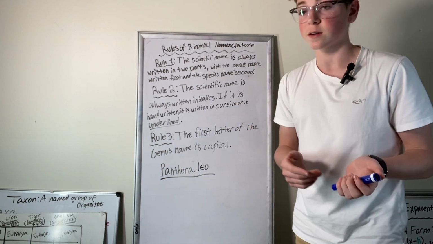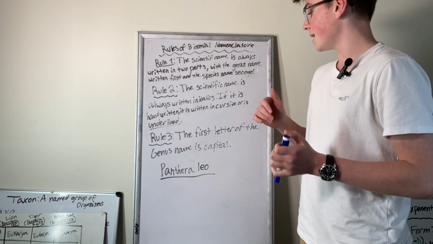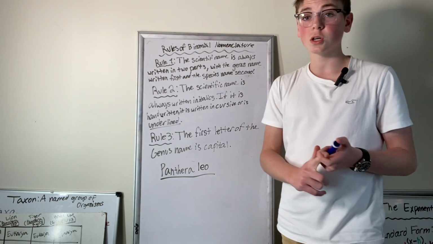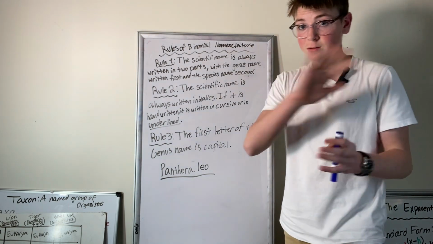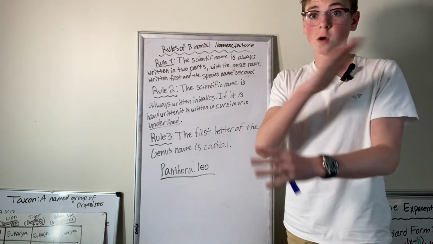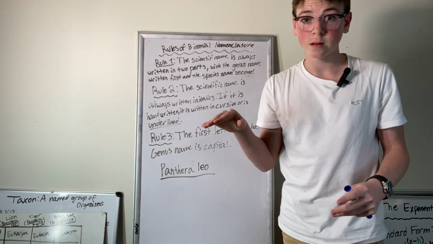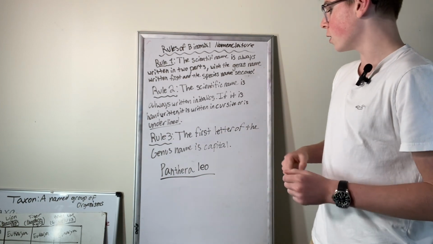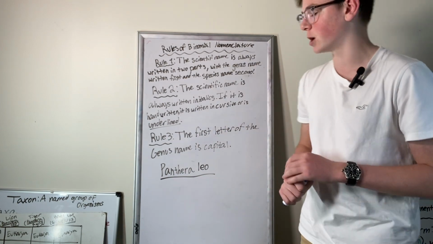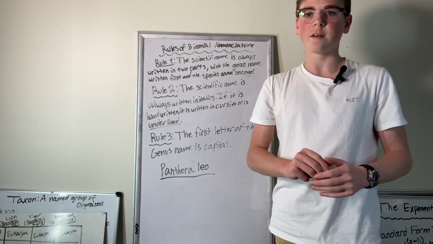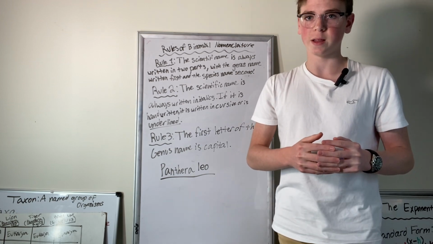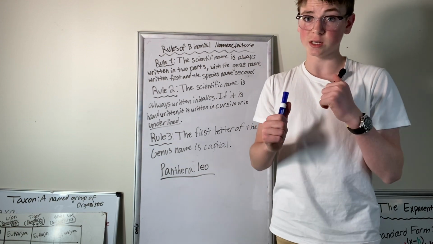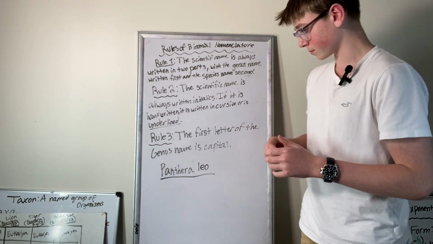If it is handwritten, it is written in cursive or is underlined. Make sure when you are writing out your genus, species, make sure to underline it. But if you're typing, italicize it. Then rule 3, the first letter of the genus name is capital. Species name, not capitalized, but genus, yes.